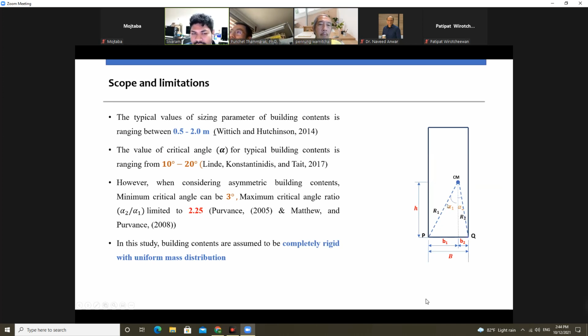Then the critical angle, the average critical angle is from 10 to 20. But in our case, we also consider symmetrical specimens. So the minimum angle should be 3 degrees, and the critical angle ratio is limited to 2.25.